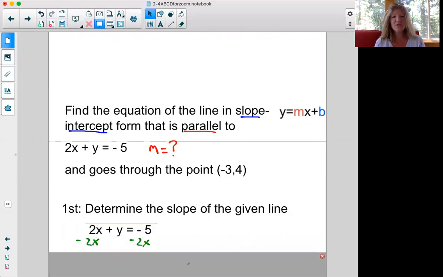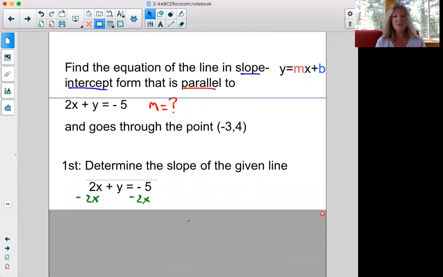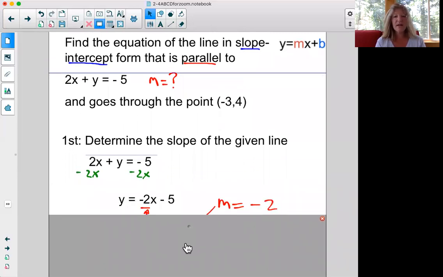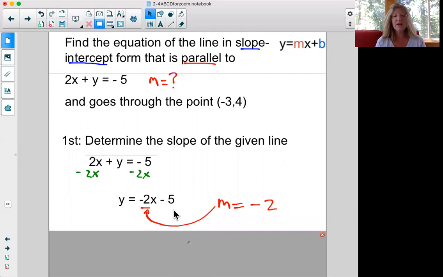So I have to determine the slope by getting it into slope-intercept form, getting y alone. Once I have y alone, then I see clearly what the slope is. And if my line is parallel to that line, then my slope is going to be the same. So my slope is also -2.